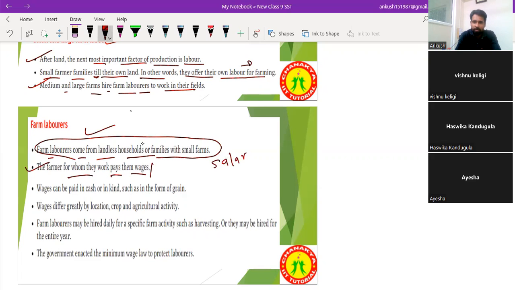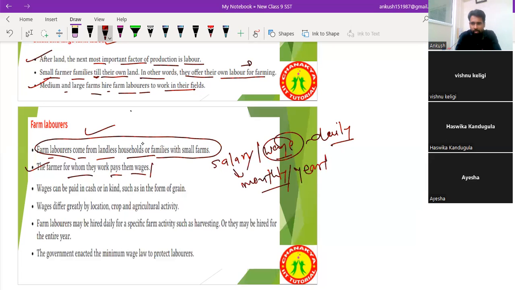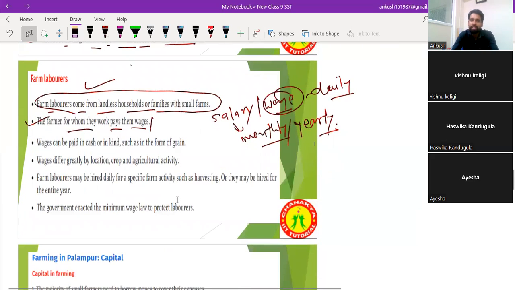There is a difference between salary and wages. Wages are given on a daily basis, and salary is given on a monthly or yearly basis. Wages can be paid in cash or in kind, such as in the form of grain.